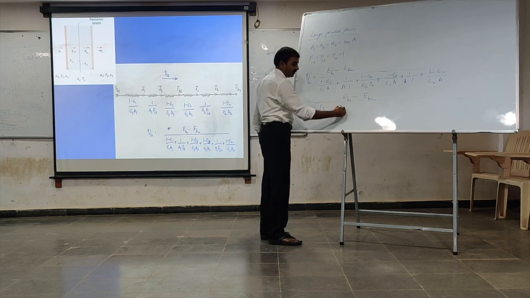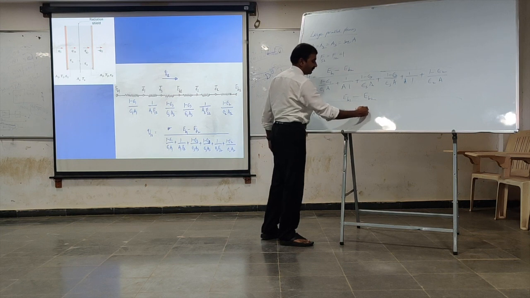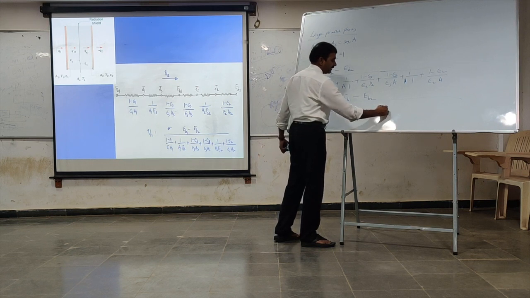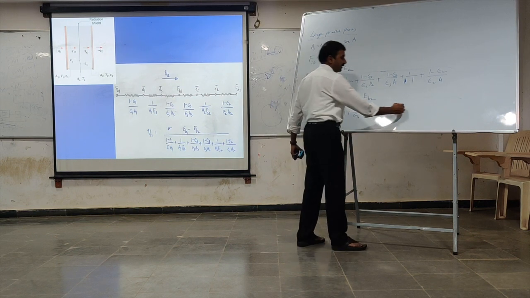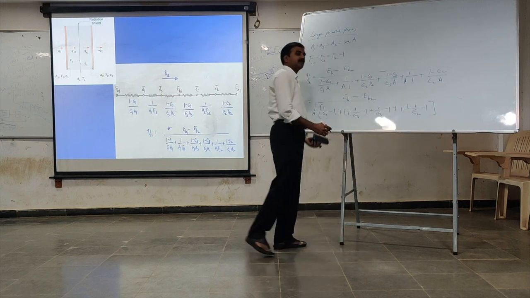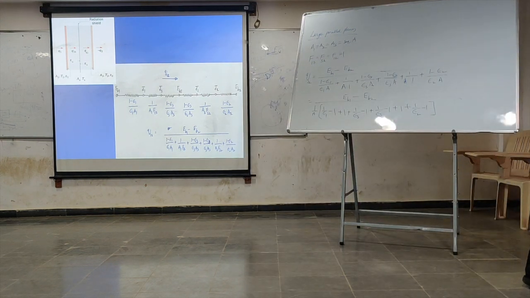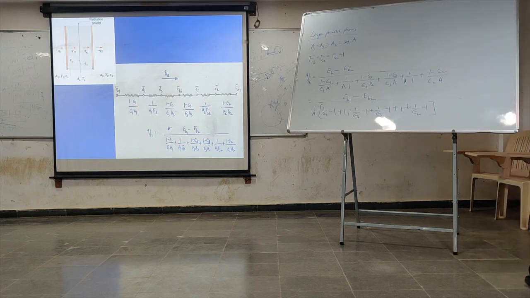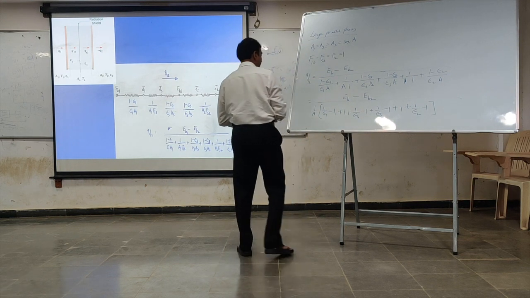Now it will be 1 by epsilon S minus epsilon S by epsilon S plus 1 by epsilon S minus epsilon S by epsilon S, plus 1 by epsilon 2 minus 1. So this is the simplification for the special case of large parallel plates.